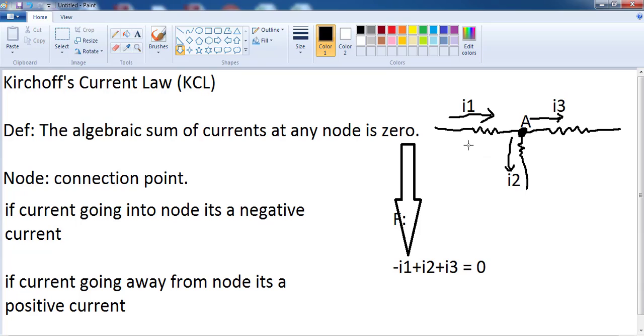For example, if I1 is equal to 10 amp, and let's say I2 is 2 amp, then I3 automatically should be 8 amp, because the sum of I2 and I3 should be equal to I1. If I1 is 10 amp and you split equally, I2 and I3 become 5 amp each, right?